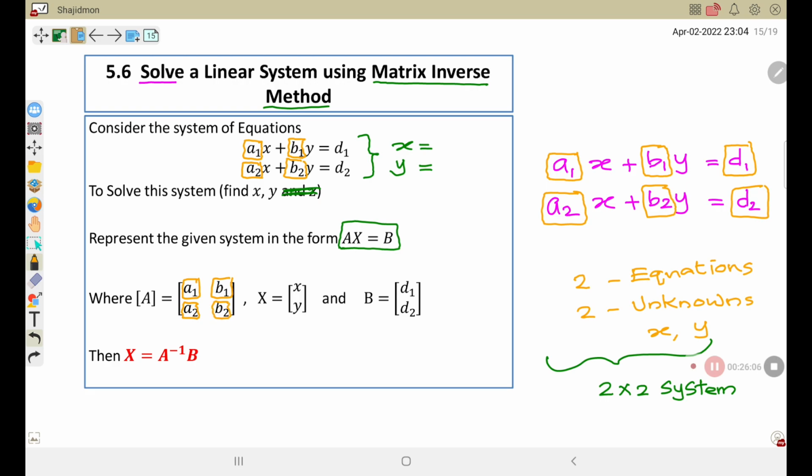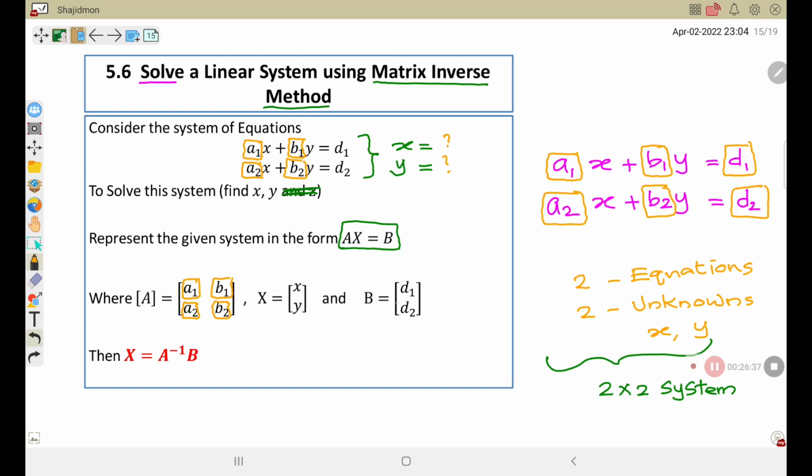Behind number or coefficient. So this matrix we are calling A matrix, and capital X means the values we need to find. Unknown values, correct? Unknown variables. What are the variables? Small letter x and small letter y. That is what our question asks, x equal to, y equal to. So that column matrix we are calling capital X, and capital B means the right side numbers, D1 and D2, constant numbers, correct?